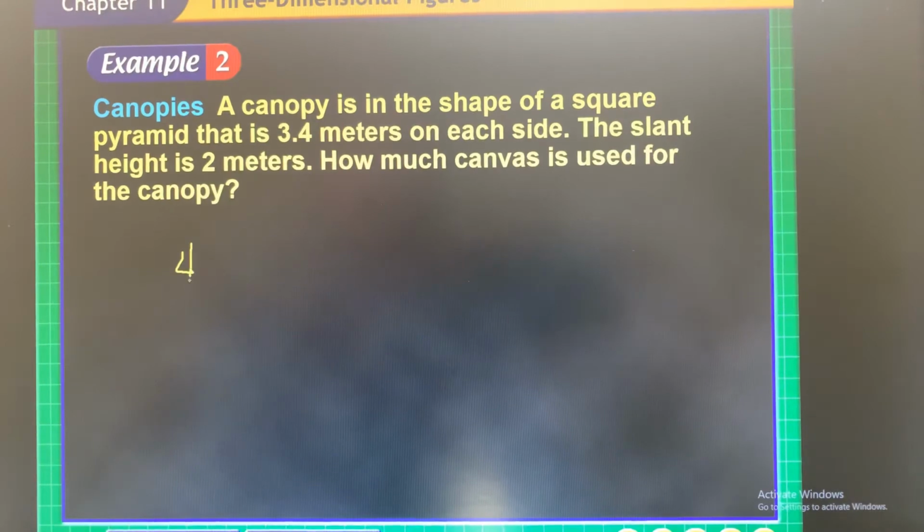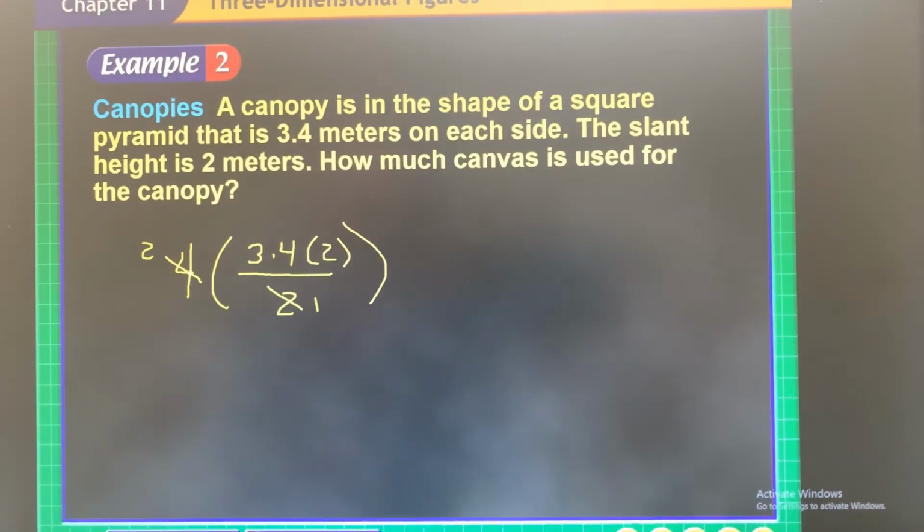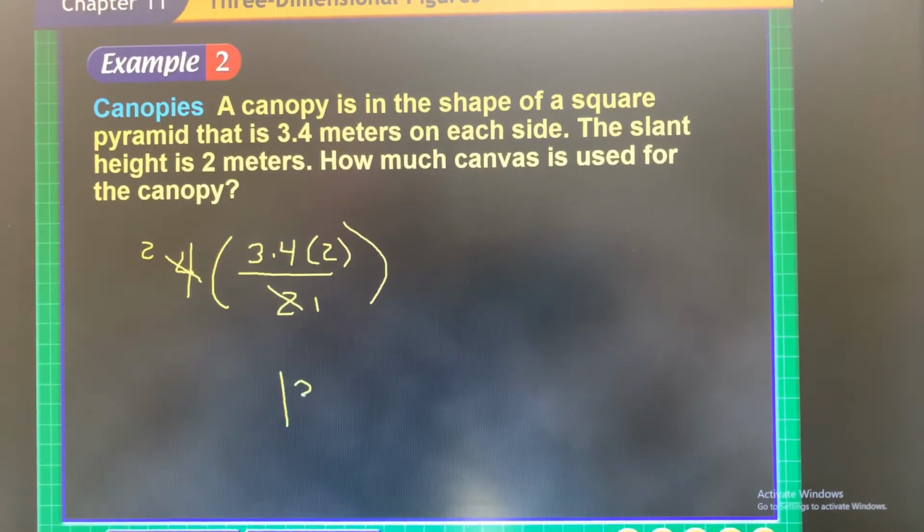So you're going to do 4 triangles that are 3 by 4 times 2 divided by 2. Cancel here. And then just do 2 times 3 4/10 times 2 and get your answer of 13 6/10 meters squared.